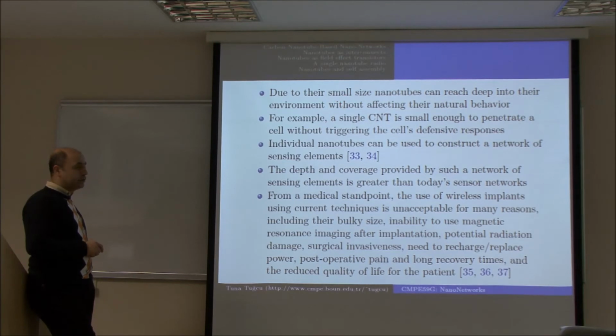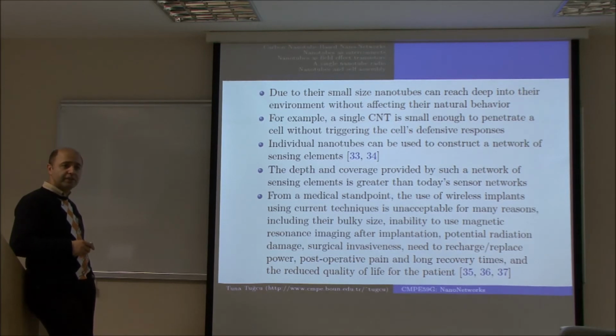Since these nanotubes are very small, they are able to penetrate deep into the environment without affecting the natural behavior of the environment. For example, we have discussed this before, carbon nanotubes can go into the cells. They may pass through the cell membrane without triggering the cell defense mechanisms.